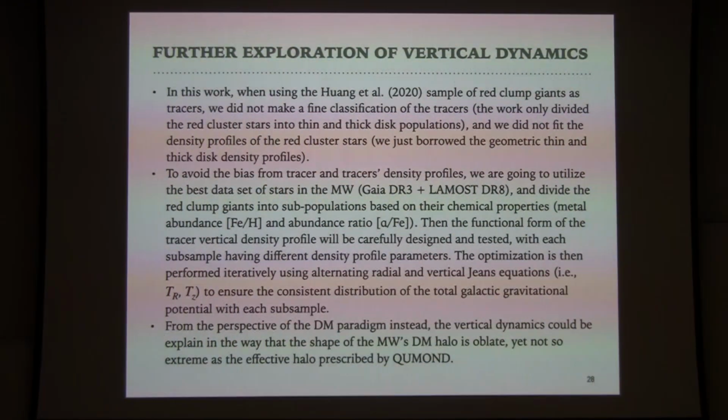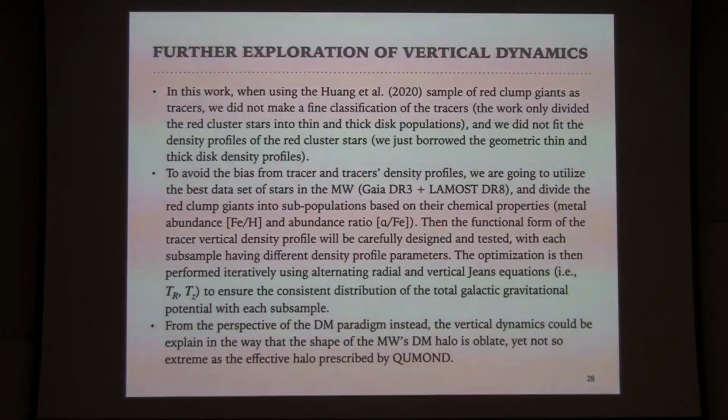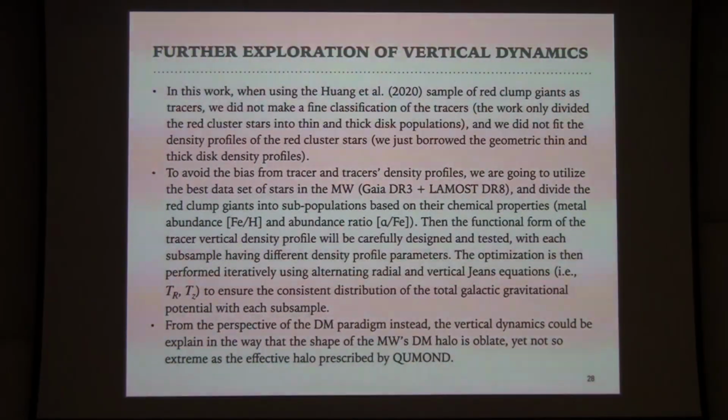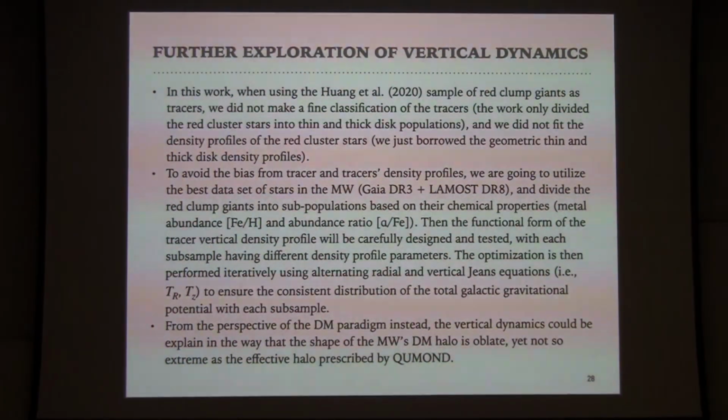So for future work, to minimize the bias from the choice of tracers, we will make use of the data of Gaia DR2 combined with the LAMOST DR8. We will further divide the red giants into subpopulations based on their chemical properties and carefully design and test the functional form of the tracer's density profile with different sets of parameters for each subsample.